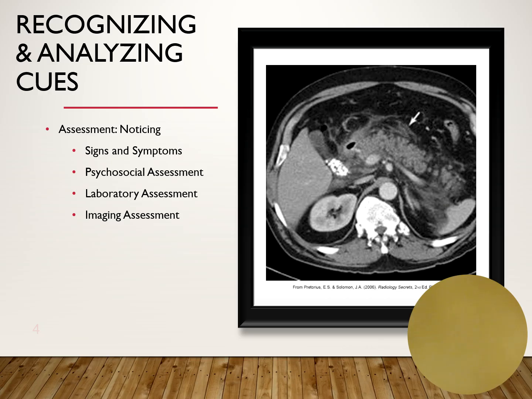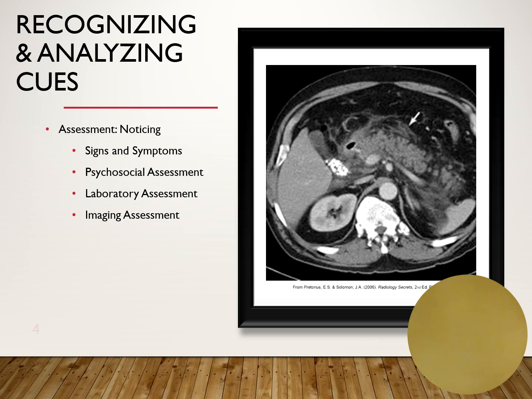So as we look at this client, the signs and symptoms are going to vary widely and depend on the severity of the inflammation. There is usually severe and constant abdominal pain to mid-epigastric area or the left upper quadrant. This pain can radiate to the back, the left flank, or the shoulder.